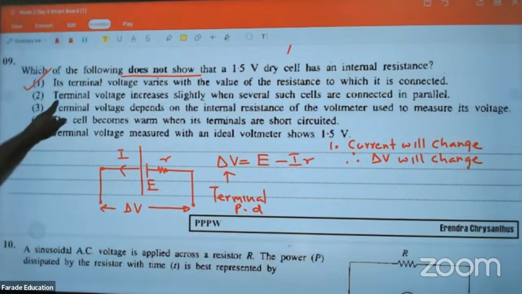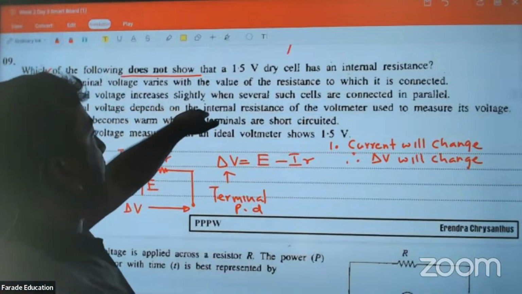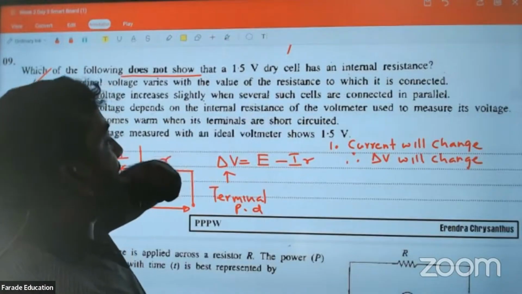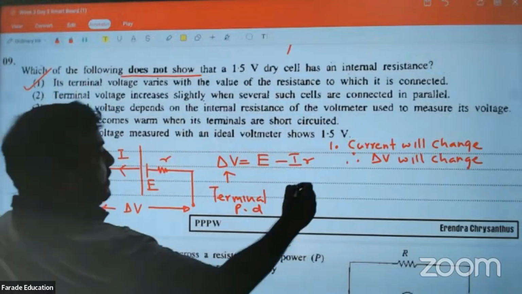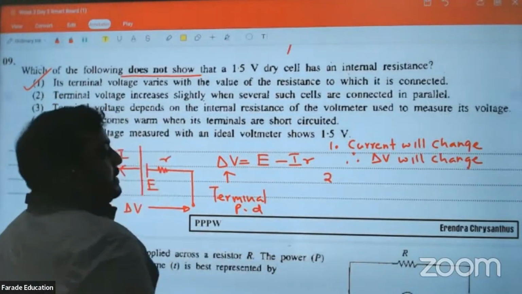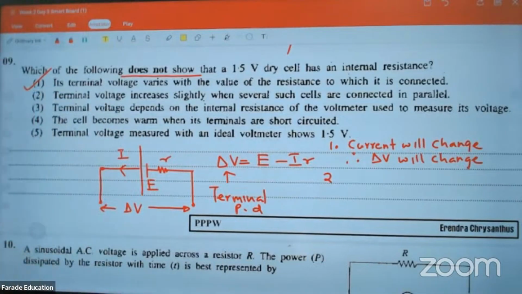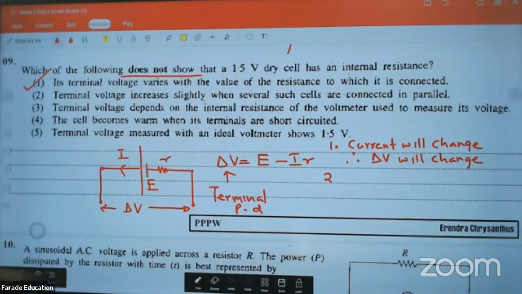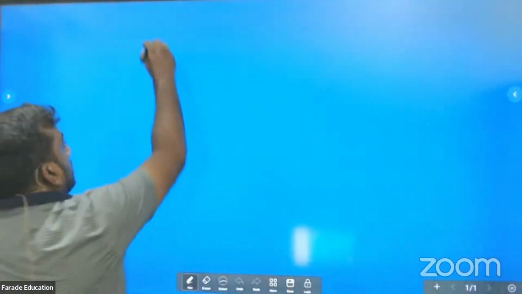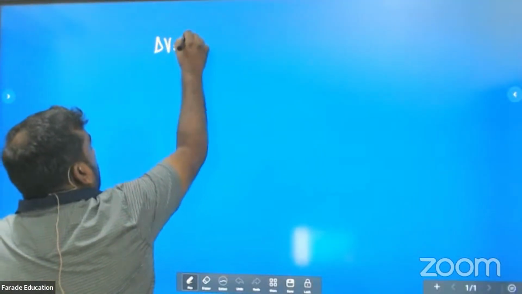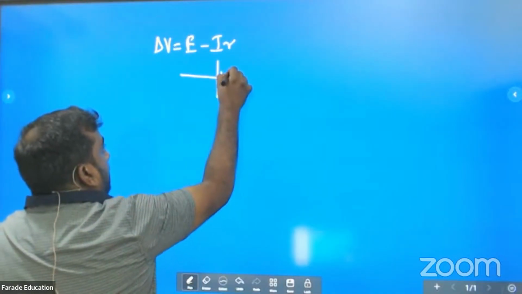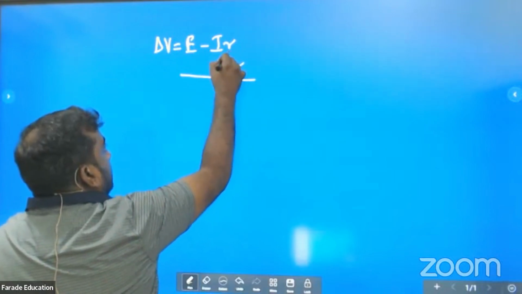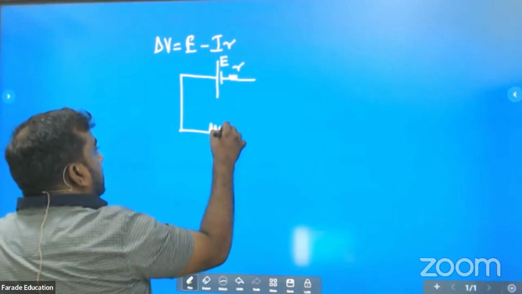Terminal voltage increases slightly when several such cells are connected in parallel. Now, if several such cells are connected in parallel, look at the board. Delta V is equal to E minus Ir. Here you have the battery, here you have the internal resistor. Let's say you connect this across the resistor.